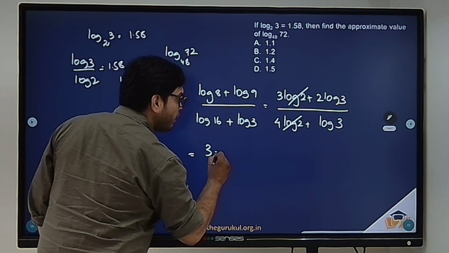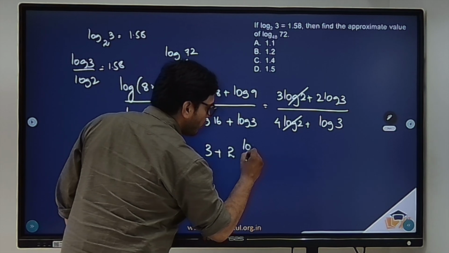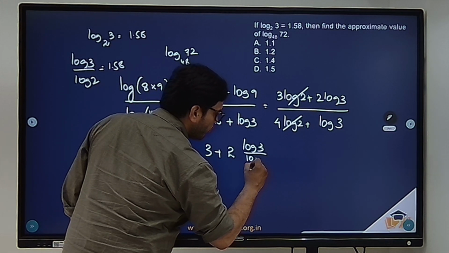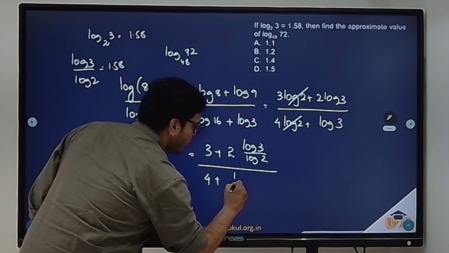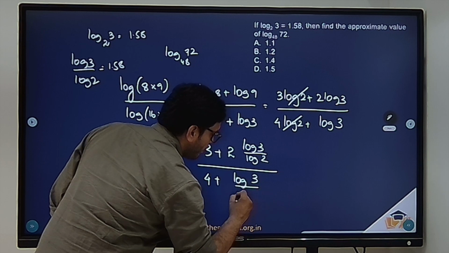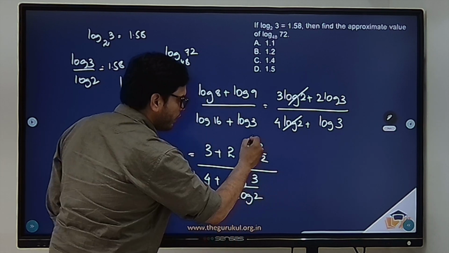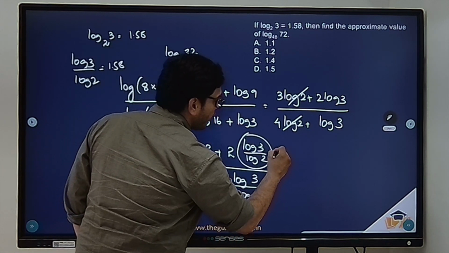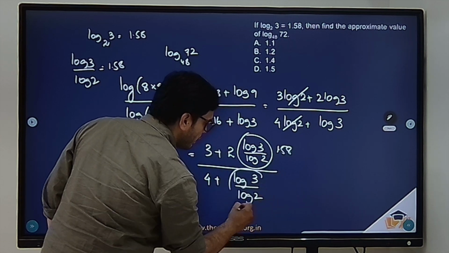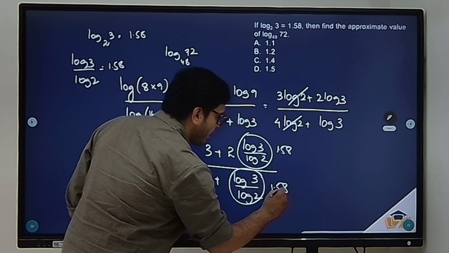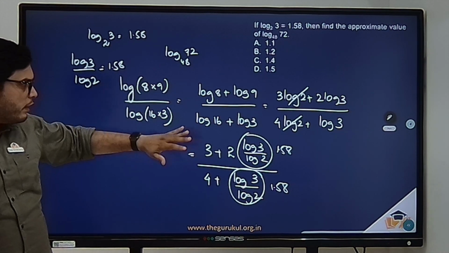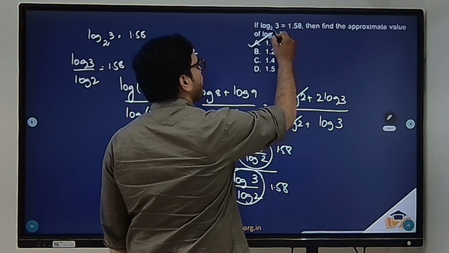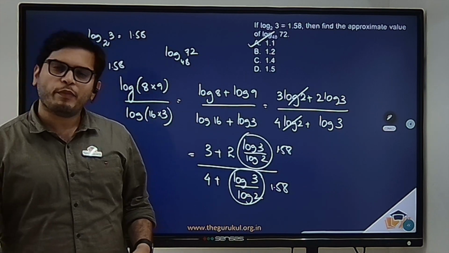So you have 3 plus 2 into log 3 by log 2 by 4 plus log 3 by log 2. Now we are given with this value being 1.58. So you can replace these two with 1.58 and you can find the answer to log 72 base 48, and this would be approximately 1.1. So the answer for this question should be option A.